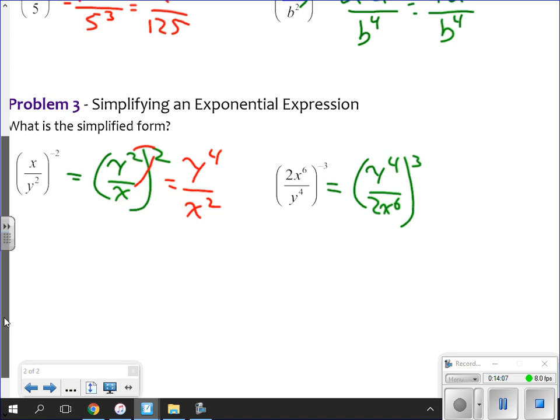And then from here, I follow the rules I've been following. Take that 3 and apply the 3 to the power of everything else. So I get y to the 12th, 4 times 3 is 12. 2 to the 3rd, and x to the 3 times 6 is 18.